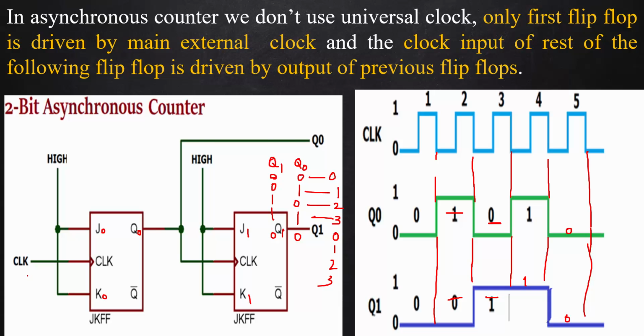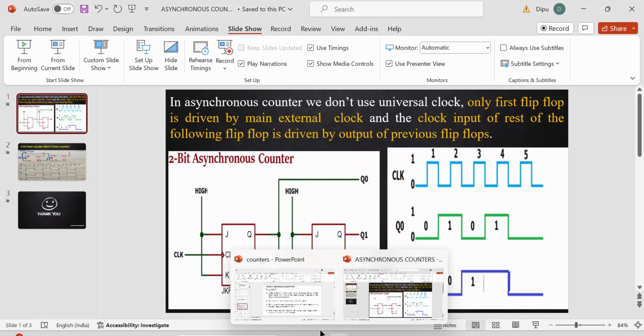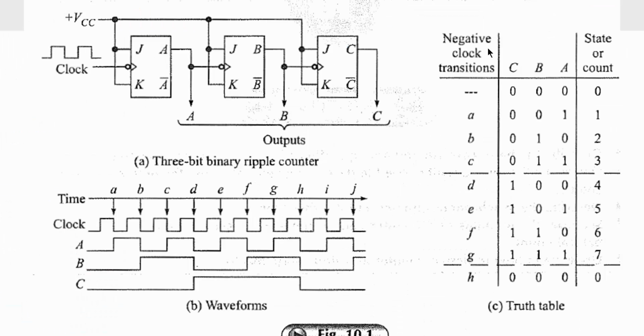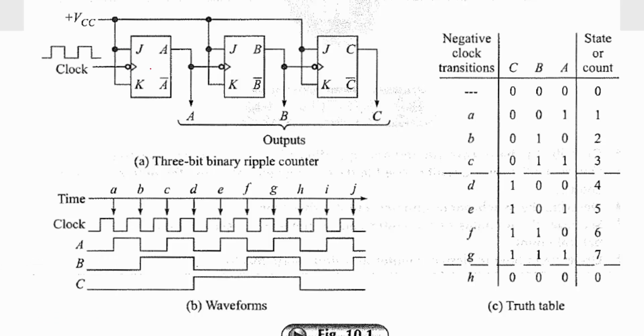Now we can consider a 3-bit asynchronous up counter. This is the structure. Again, here we are assuming negative edge triggering. This particular flip-flop, which we can mark as JAKA, is connected with the external clock pulse. It is going to generate the least significant bit of your 3-bit result.